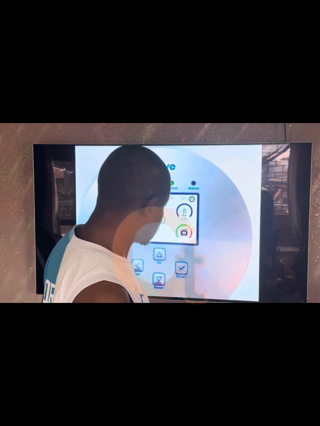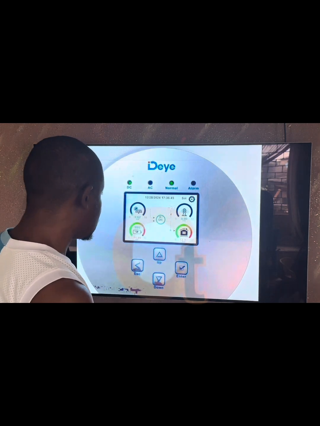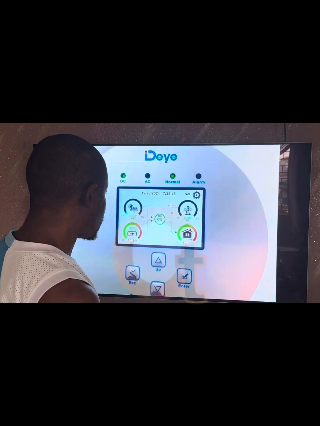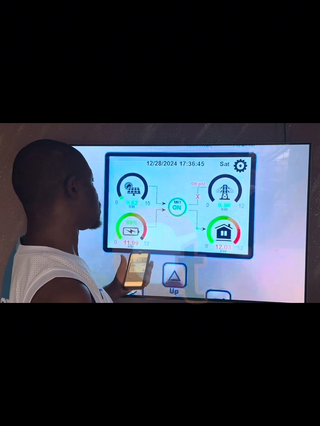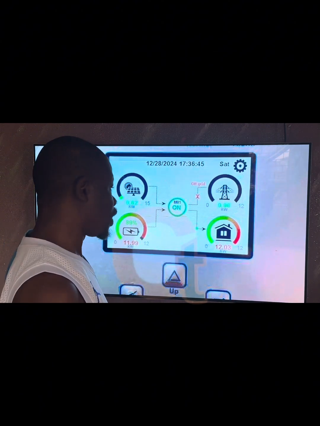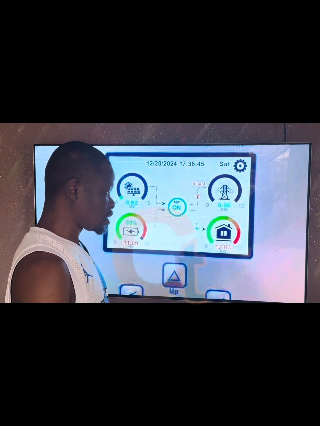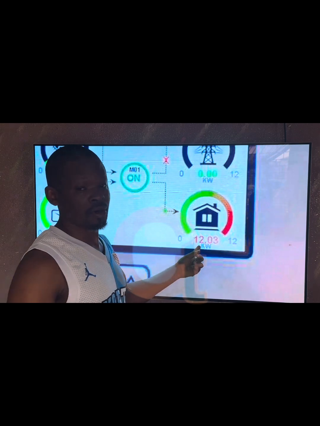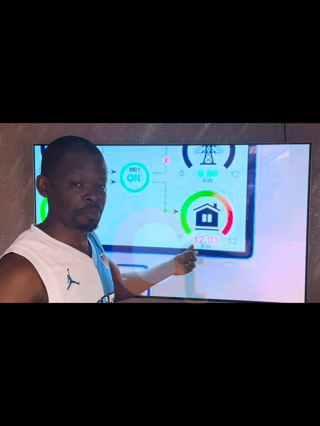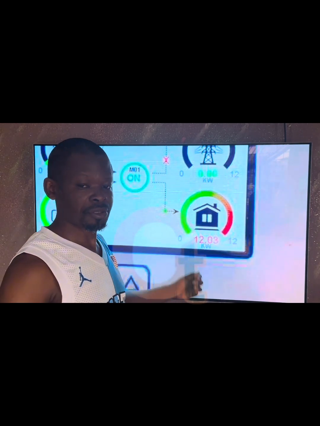For instance, if you look at this interface now, this is a three-phase inverter, but if you are looking at it from this interface, you may say, oh, the inverter is still at the peak, 12.03.